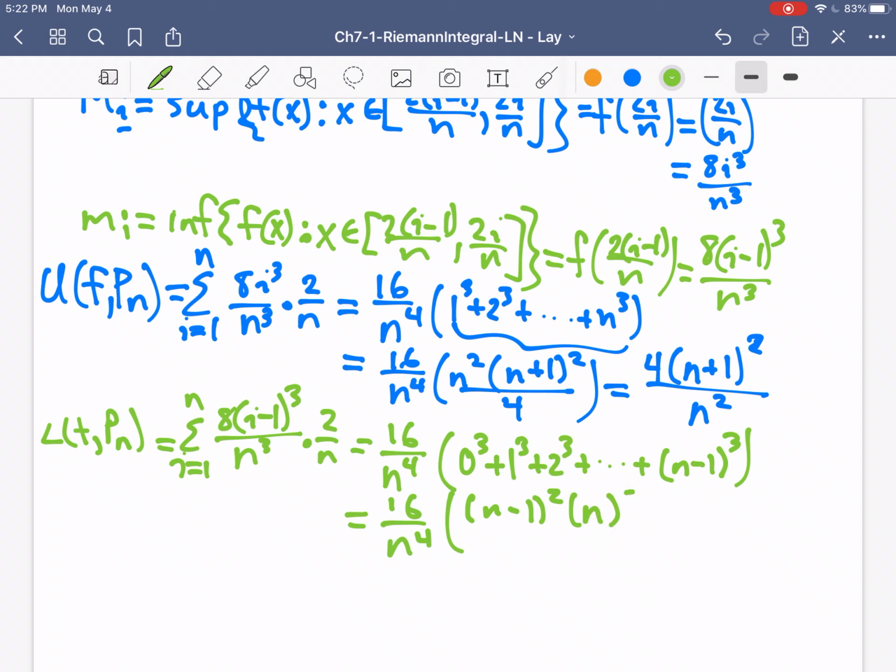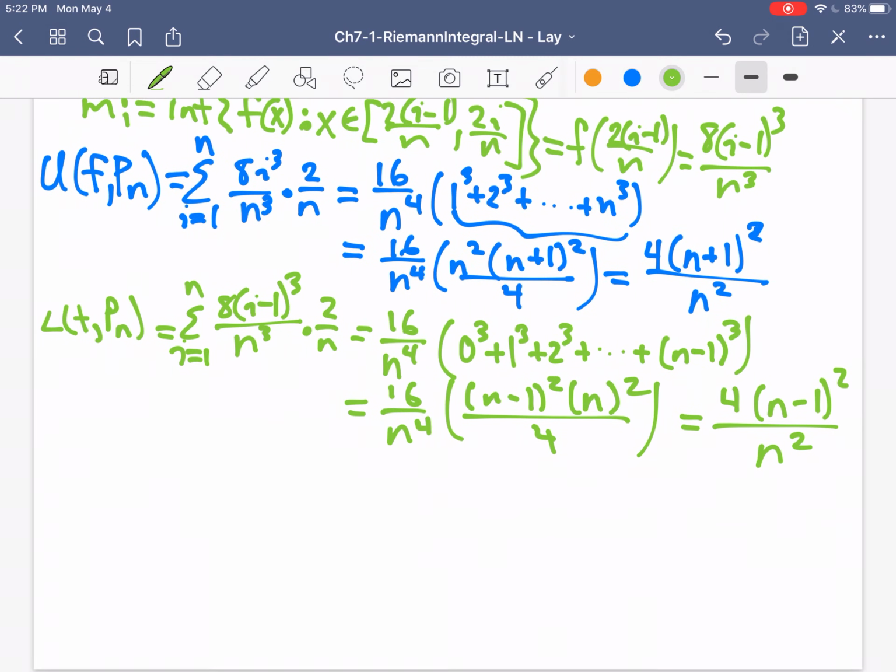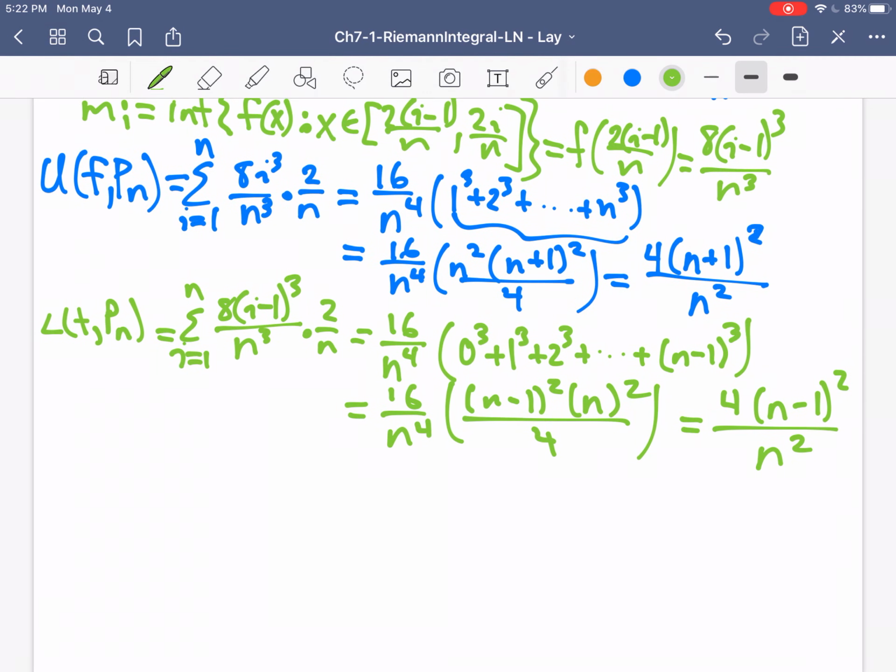So that will just be n squared over 4, which is 4 times n minus 1 squared over n squared. Beautiful. So those are the upper and lower sums associated with these partitions.